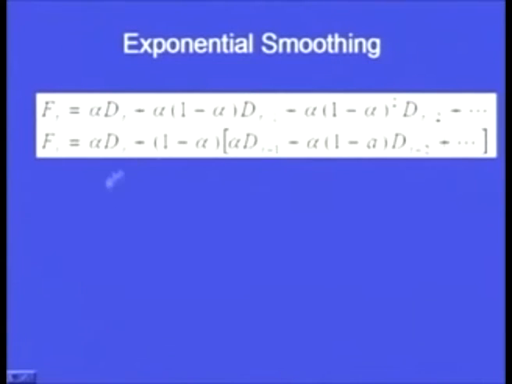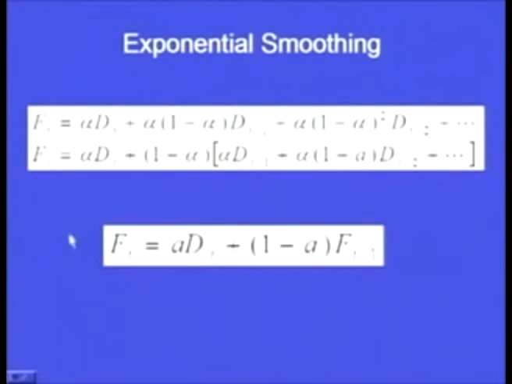If we realign this, we find alpha into dt plus 1 minus alpha into all the previous years' demand data which is available with us. So, we can formulate a very simple expression in which the forecast is given as Ft equals alpha dt plus 1 minus alpha into Ft minus 1. So, Ft minus 1 is the previous forecast, Ft is the forecast that we want to make, and dt is the actual demand.